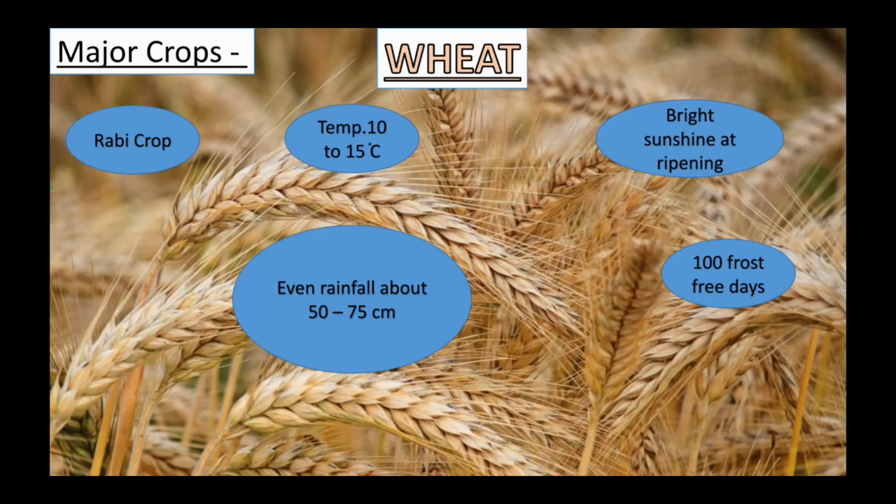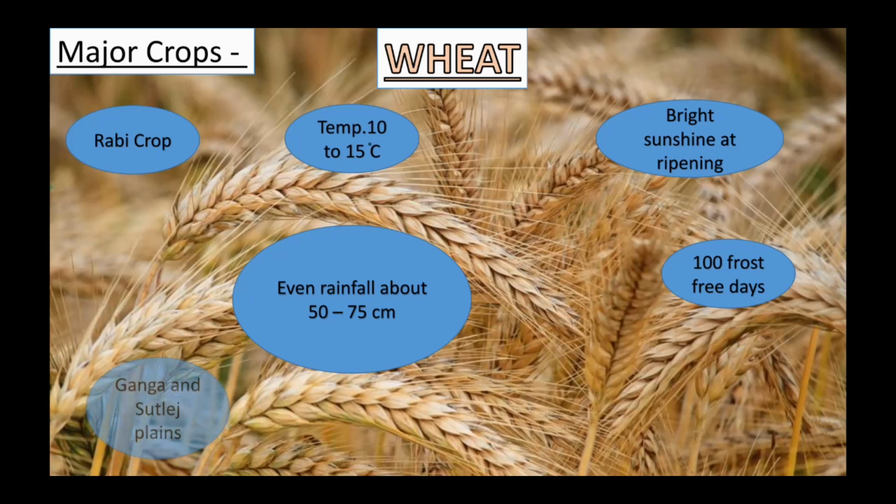It is the weather condition when the temperature falls below 0 degrees Celsius, that is the freezing point, and a thin layer of ice forms on the ground at night. This is frost. Next comes our soil. It requires alluvial loamy soil for its best growth.